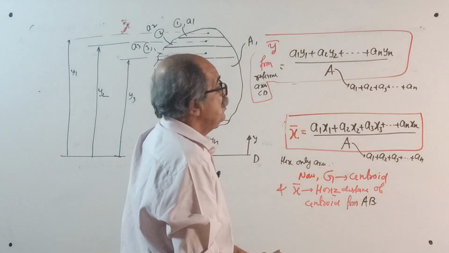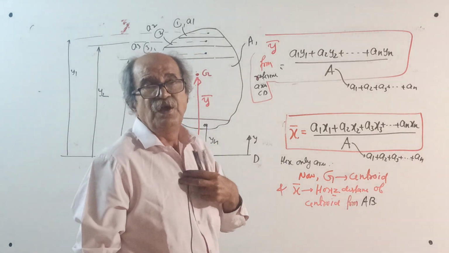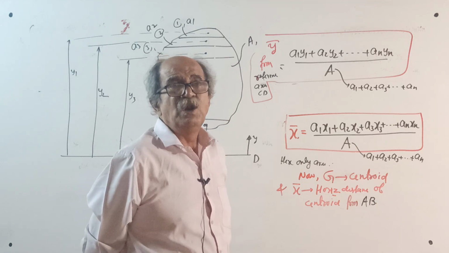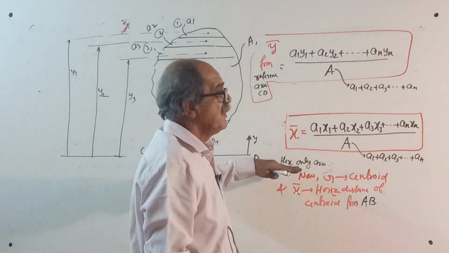This gives you the distance of the centroid from a vertical reference axis and from a horizontal reference axis.